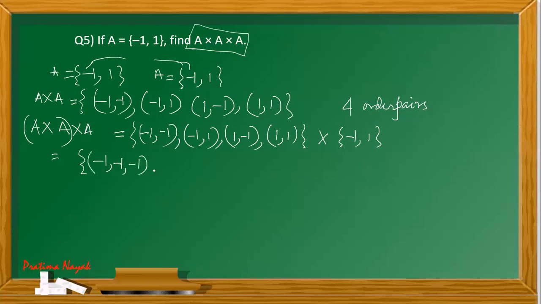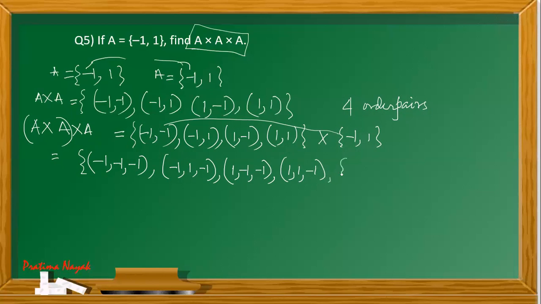First. Next is, that means this I paired with this. Next is minus 1, 1, minus 1. Next is 1, minus 1, minus 1. Next is 1, 1, minus 1. So taking the first one with all the elements of A cross A, I take minus 1.